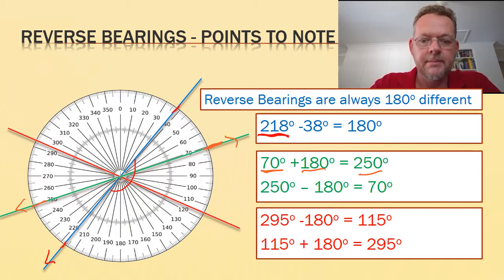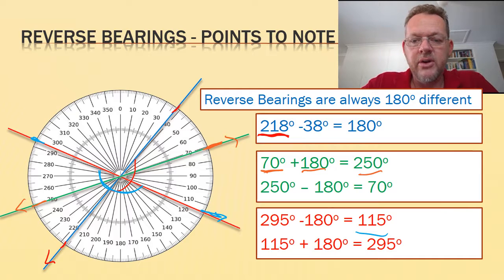So we've got here 295. Now 295, and we're going to minus 180 in that straight line, and that should give us 115. So we can just check on the protractor. Yes, there we are. So the reverse bearings, it's important to note, are 180 degrees different.